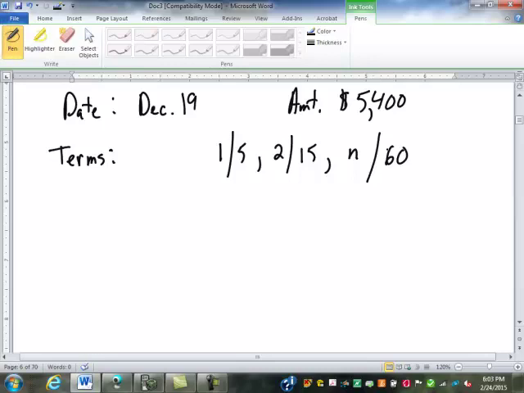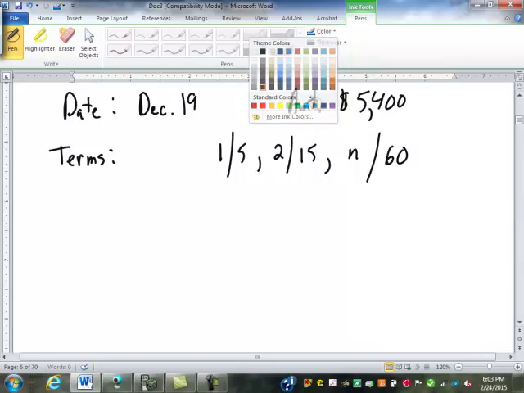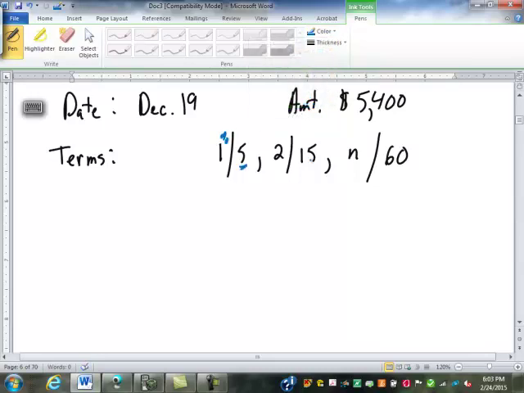That is read 2/5, 1/15, net 60. Sorry, I got that backwards. Scratch that. It should be 2/5, 1/15, net 60. So a 2% discount if paid in the first 5 days. 1% if it's paid in the first 15 but outside of the first 5. And the net price is due in 60 days.